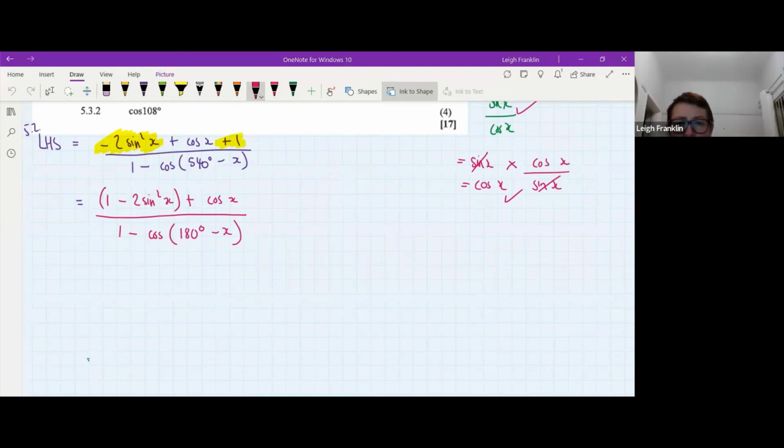Ma'am, for questions like that, the cos of 540 minus x, would we always have to subtract 360, or are there times when we have to subtract 180, or is it always 360 degrees? No, it's always 360 degrees.